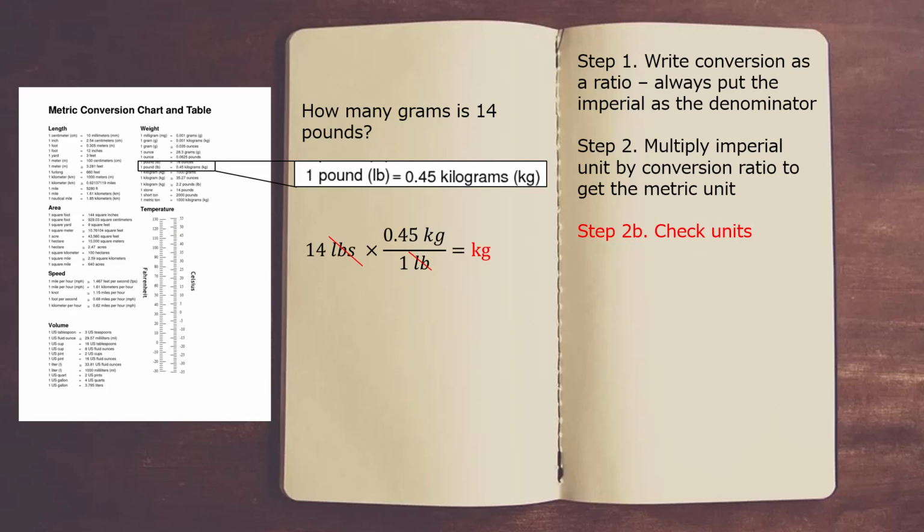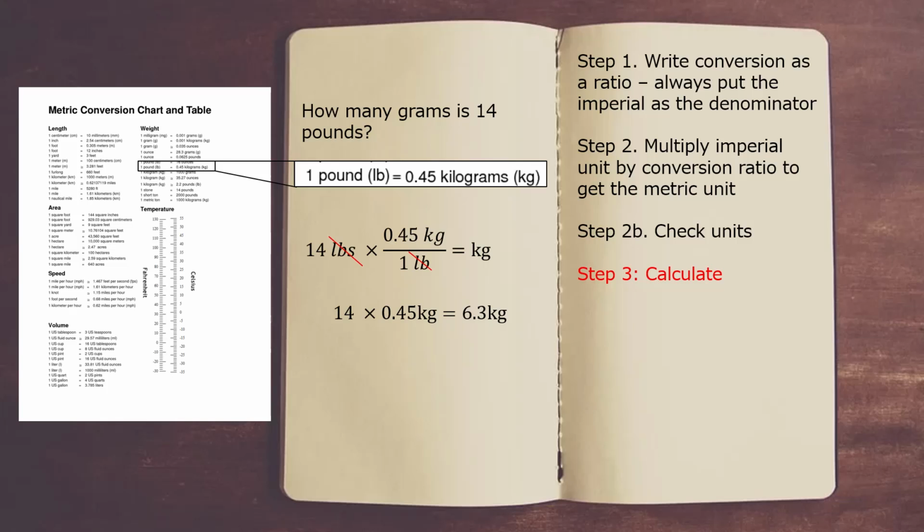And this is why you really wanted to make sure that the imperial was in the denominator. If our conversion ratio was upside down, we'd get a totally weird unit like pounds squared per kilogram, which is a really strange mix of metric and imperial and completely confusing and wrong. Metric is not confusing. If you get confused, then it's not right.